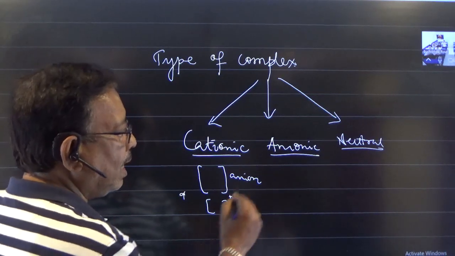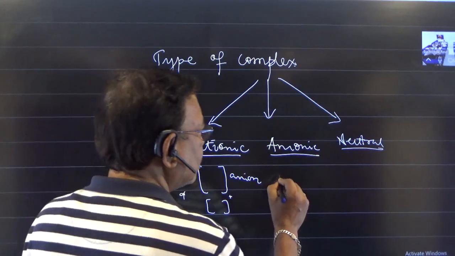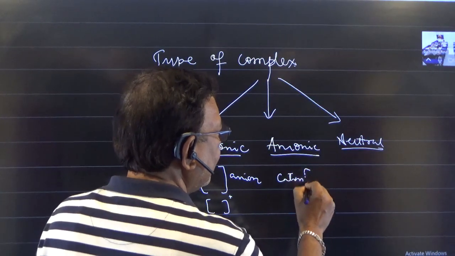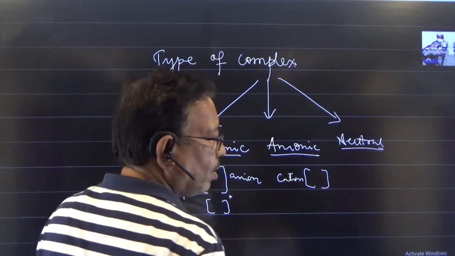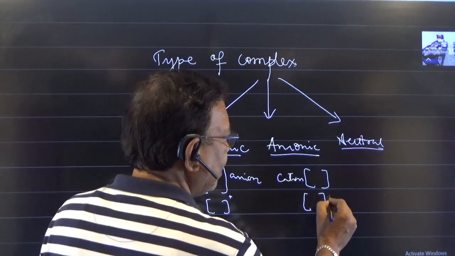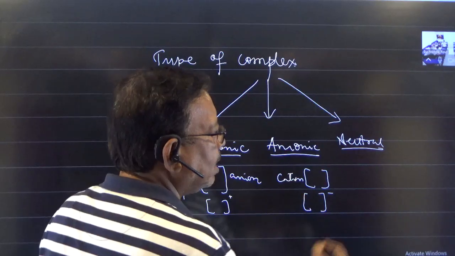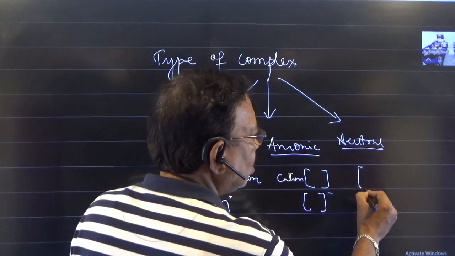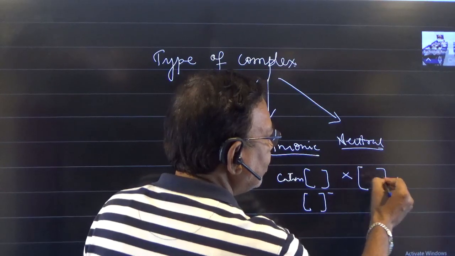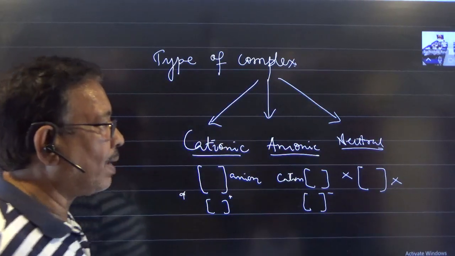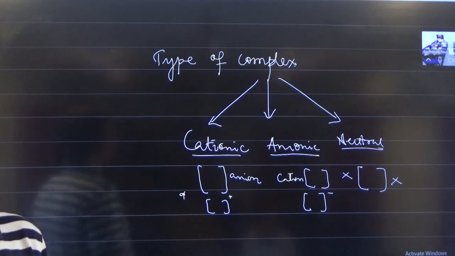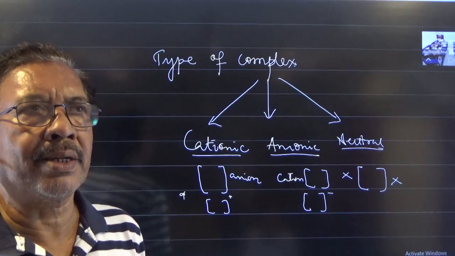Anionic complex: a simple cation followed by a complex part, an anion, that means a complex ion having negative charge. Neutral complex: no charge, neither cation nor anion is present in the complex. This is cationic complex, anionic complex, and neutral complex.